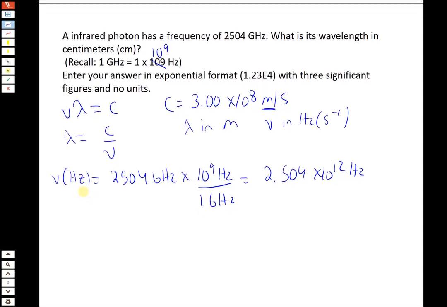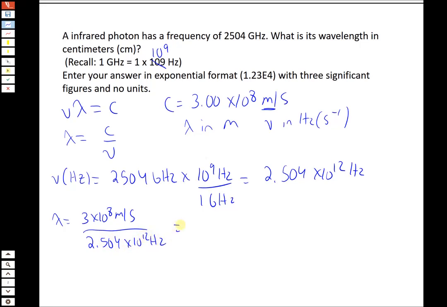And then what we're going to do is just plug that into the equation. So lambda is going to be the speed of light, 3 times 10 to the 8th meters per second, divided by that frequency, 2.504 times 10 to the 12th hertz.